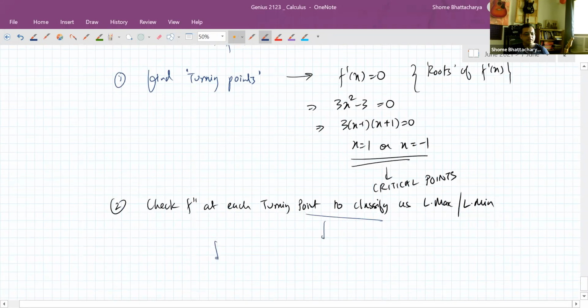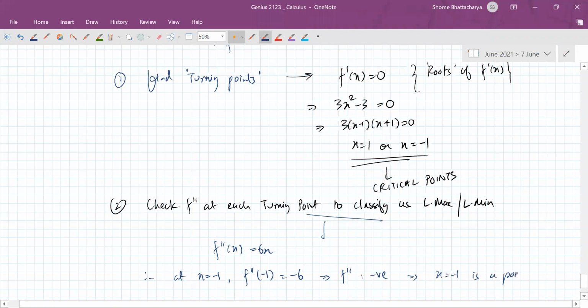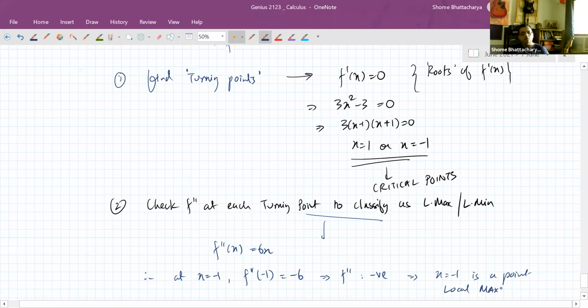Okay. So you can see that the second derivative of the function is 6x. Therefore, at x equal to -1, f double prime of -1 is how much? -6. So f double prime is a negative quantity. Okay. So that means it is a point of local maxima.